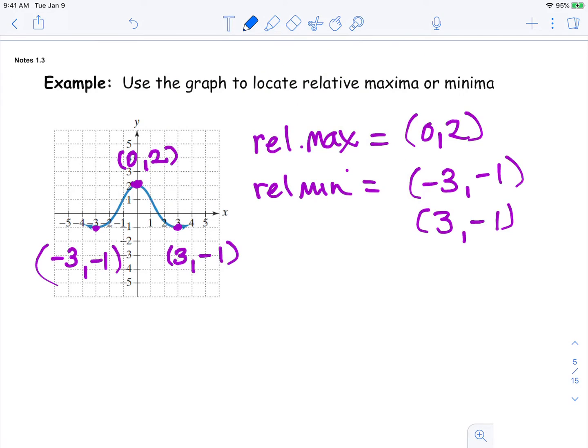Now, just notice that this graph does go back up on both sides. So really, these are your minimums, but you can't find out where it really stops because it goes on forever.